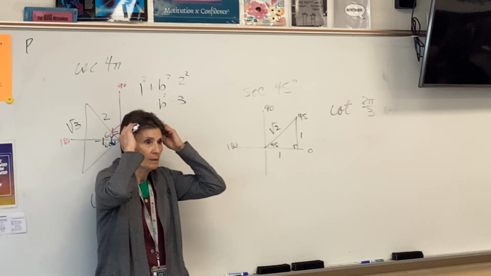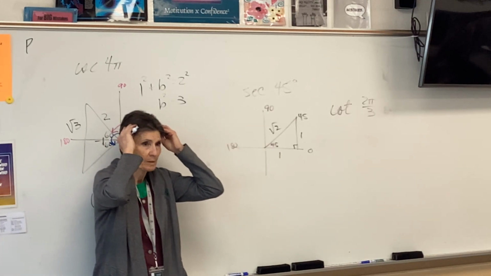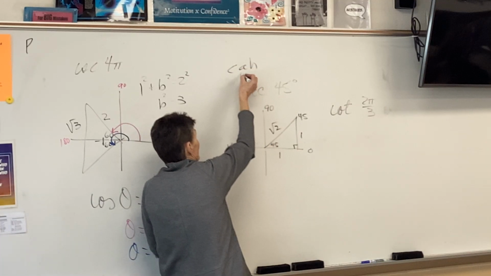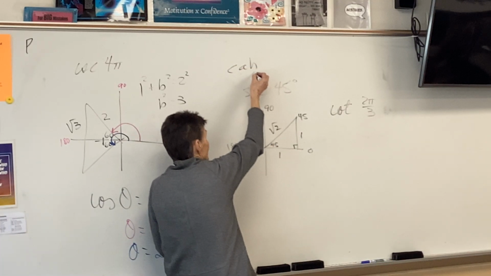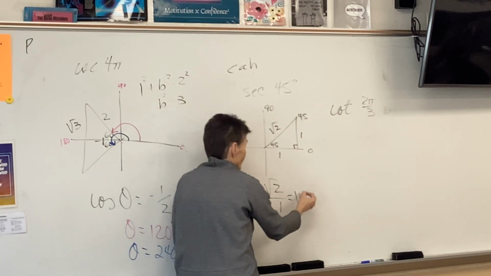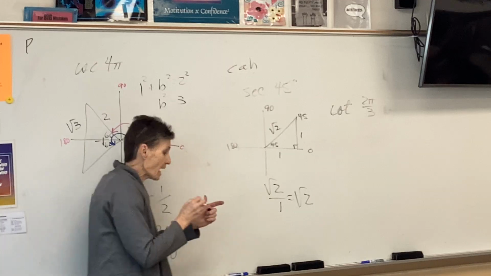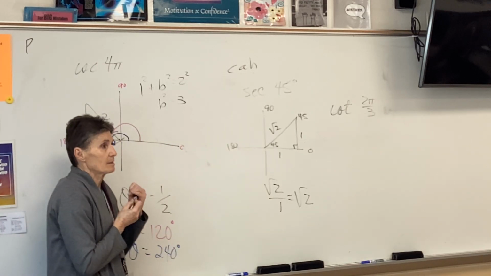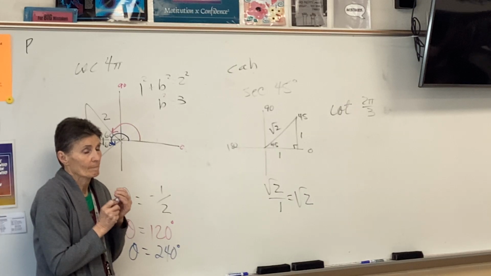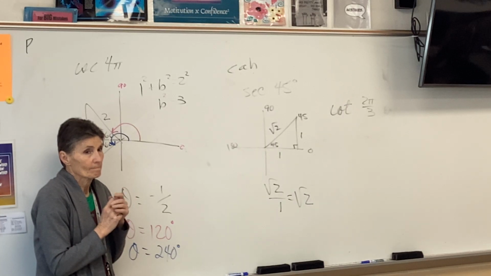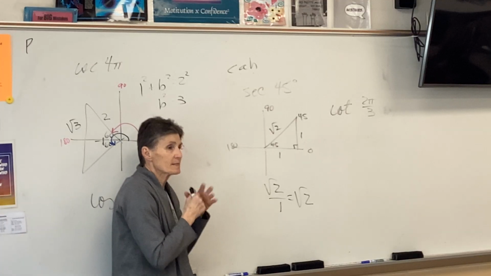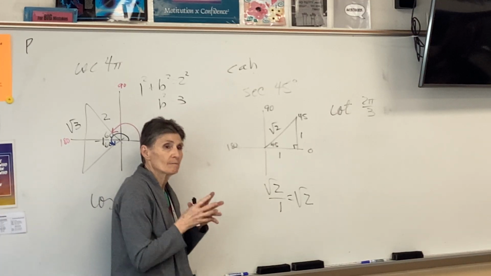It's the reciprocal of cosine. Cosine is adjacent over hypotenuse, so I need hypotenuse over adjacent. So the exact secant is root 2. You see why your calculator wouldn't be exact? It's going to say 1 point something.